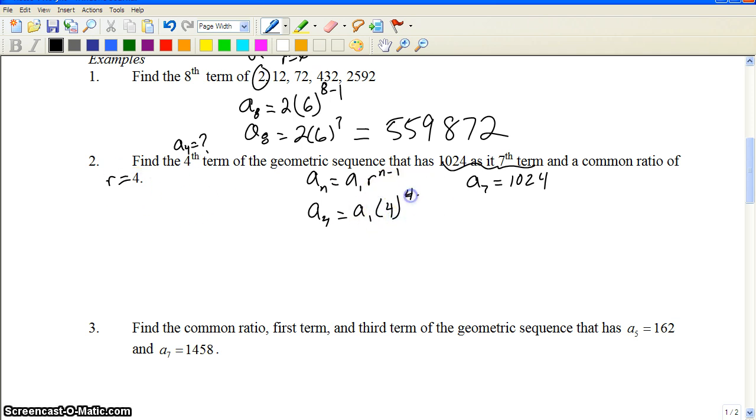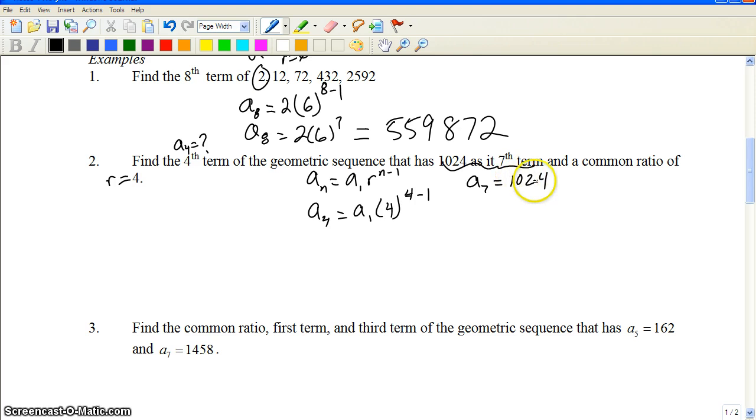And then you do 4 minus 1. If you start doing the problem right away, just by putting it into the closed form or the rule for a geometric sequence, you get stuck because you don't know the first term. So you've got to go about finding the first term. That's the reality. So what we're going to do is take this, put it back into this equation, and see if we can get the first term from that.